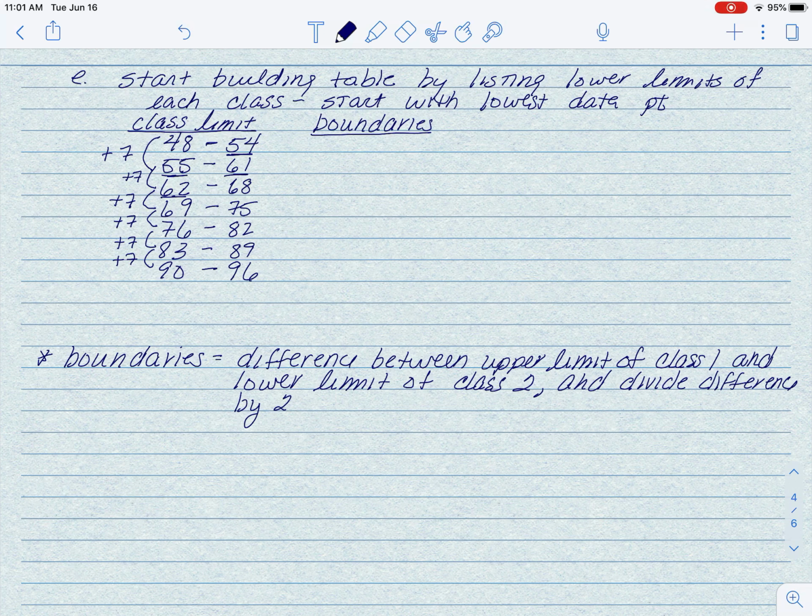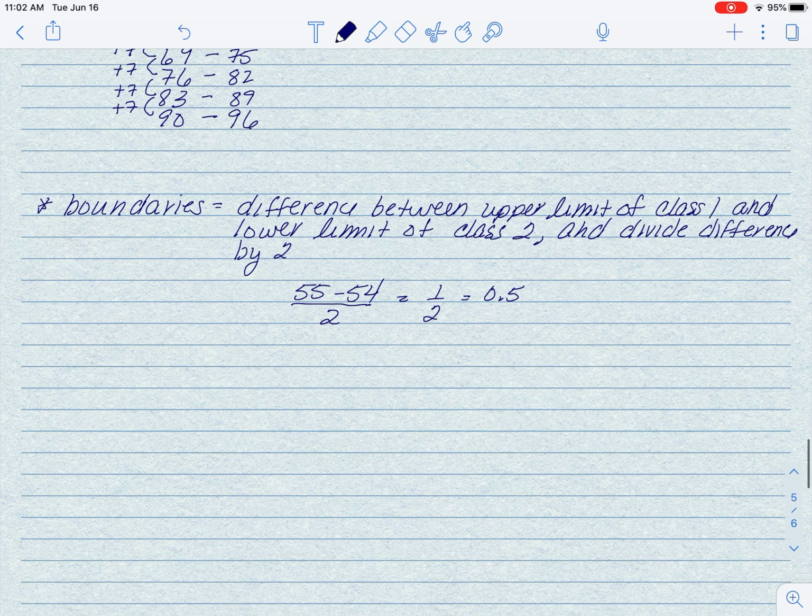So if we look up here, the lower limit of class 2 is 55 minus the upper limit of class 1, which is 54. And we're going to divide by 2. That's going to give us 1/2, or I'm going to write it as a decimal, 0.5.